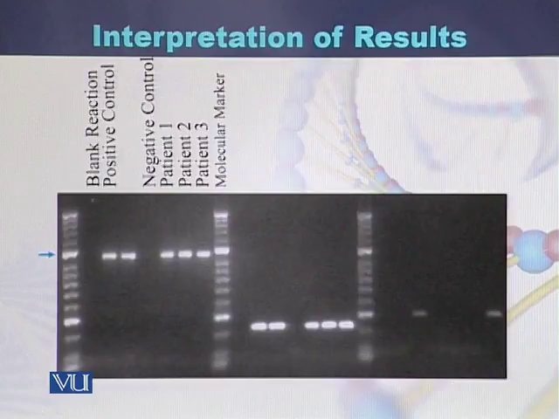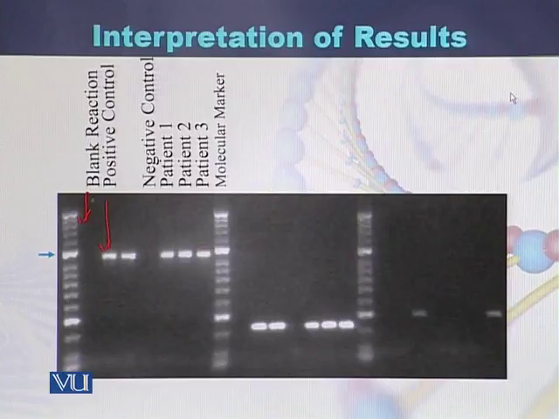Here is the diagram. We will try to understand the result of the PCR reaction. We can see that this is the blank reaction. Here we can see that nothing has been amplified, so here it is empty. The next lane is for the positive control.